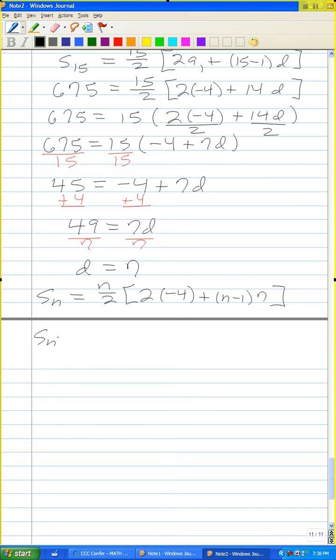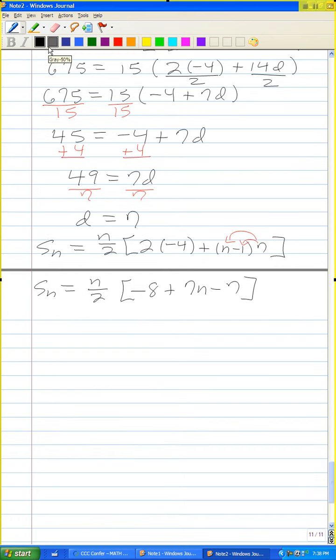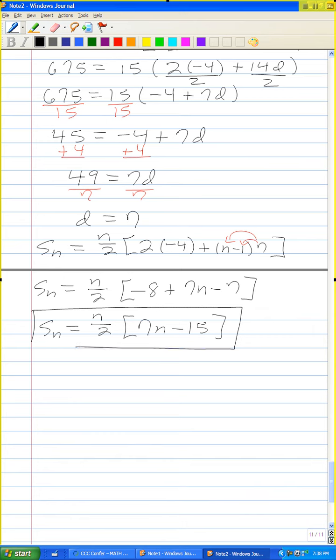And so S sub n is equal to n over 2 times negative 8 plus, let me multiply the 7 inside the parentheses, by the distributive property, 7n minus 7. And so finally I get that S sub n, the sum of the first n terms, is just n over 2 times 7n minus 15. And that is your answer.